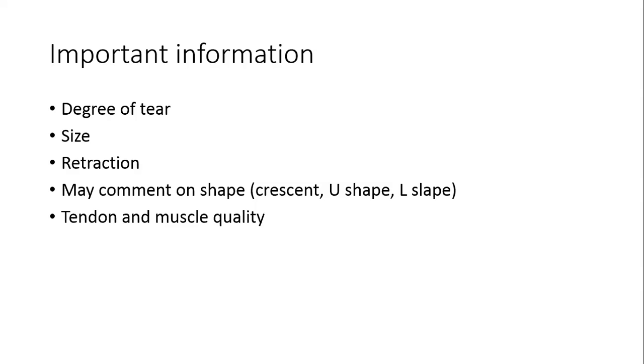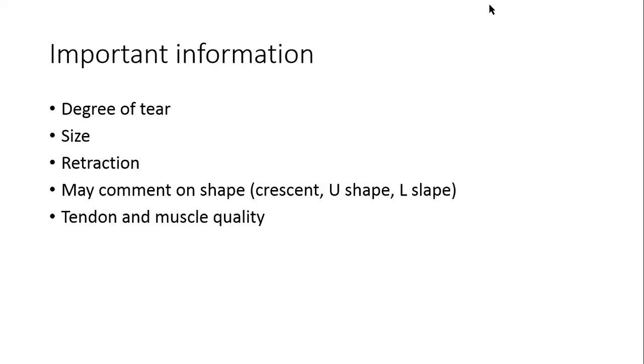There are other classifications, and most of them are used in MRI, and there's a reason why we don't use different types of classification in ultrasound, because we don't see the portion of the tendon which is hiding under the acromion. So we can better define a tear by its location than the other classifications which MRI uses.